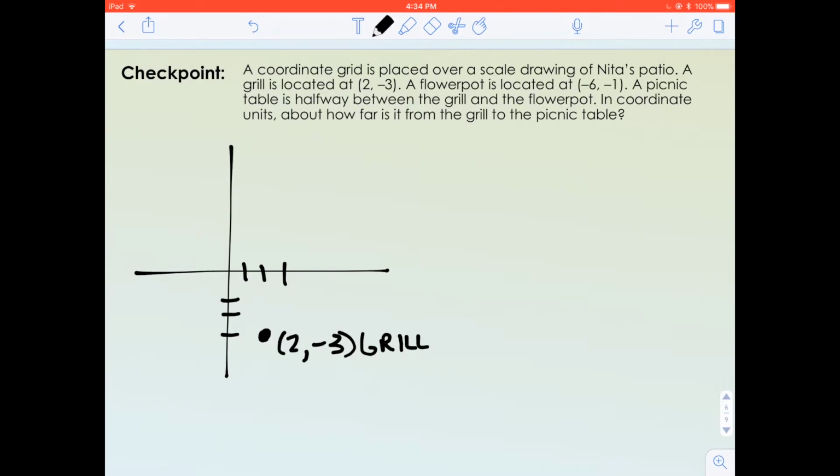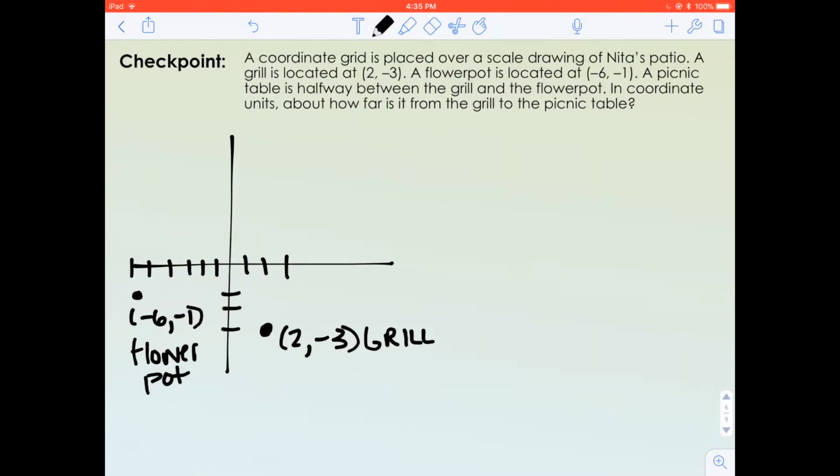A flower pot is located at -6, -1. So that's -6, -1, and that is my flower pot. I have my flower pot labeled at -6, -1, and my grill labeled at 2, -3.